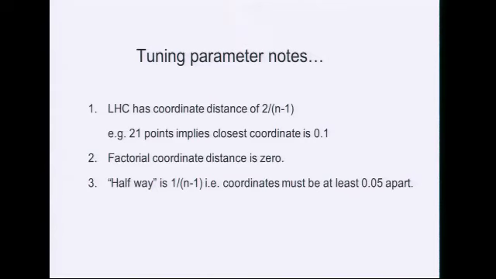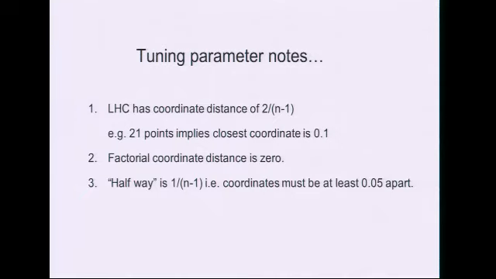So I'm thinking about this, and it betrays my own training, which is more physical experimentation. We think between -1 and 1, and not between 0 and 1 in the cube. If you're going between -1 and 1, then the Latin hypercube has coordinate distances of 2 over n minus 1.